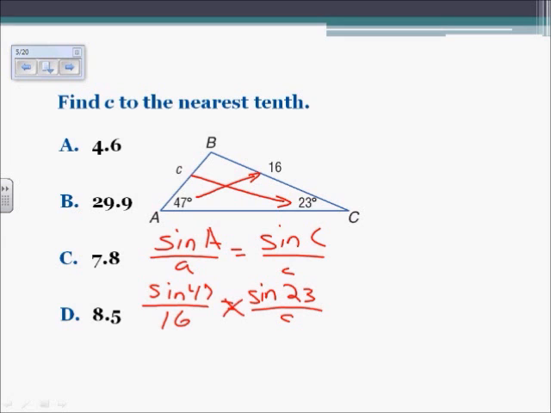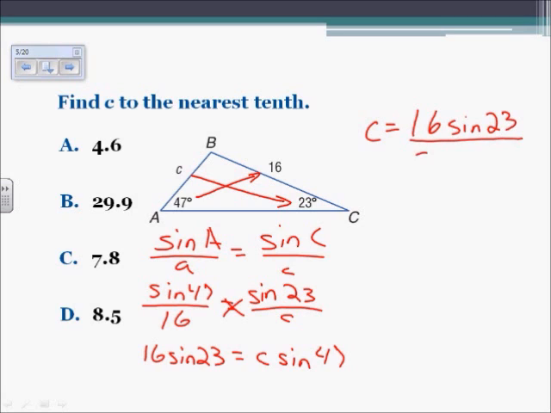Cross multiply, and we will have 16 sine of 23 is equal to c times the sine of 47. Divide both sides by the sine of 47. We're left with c is equal to 16 sine of 23 over sine of 47. C will then approximately be, after we solve, 8.5, which is D. So again, applying the law of sines to a triangle and solving.